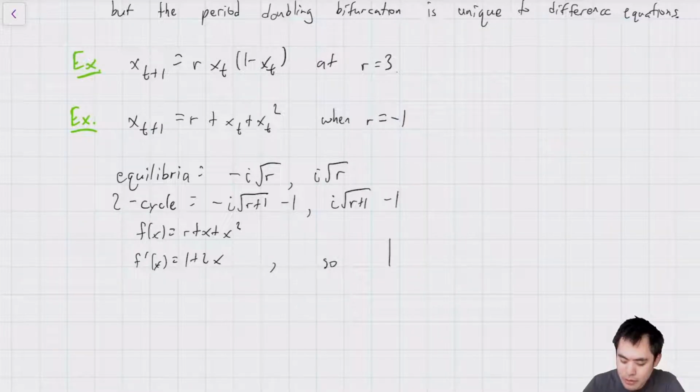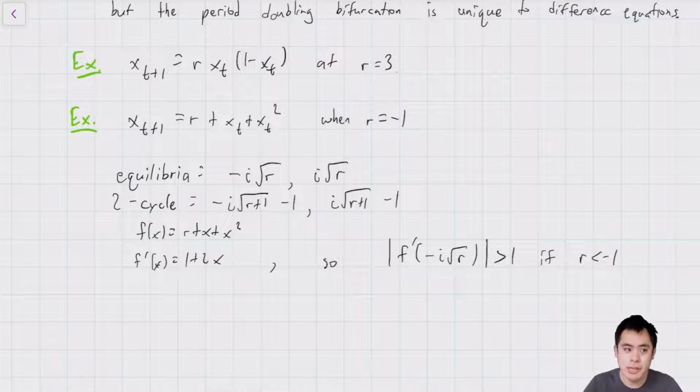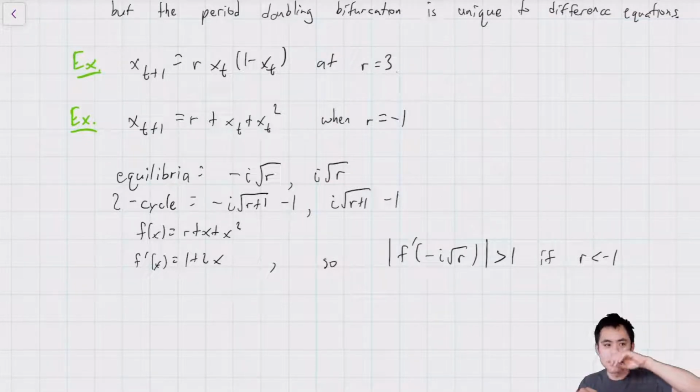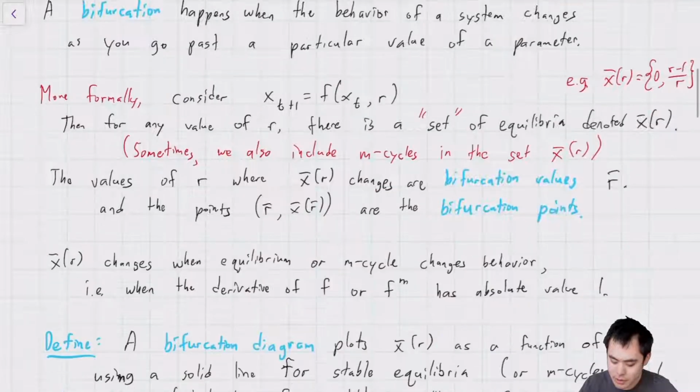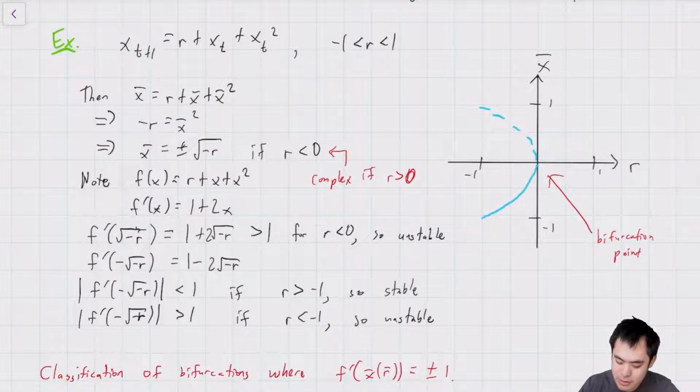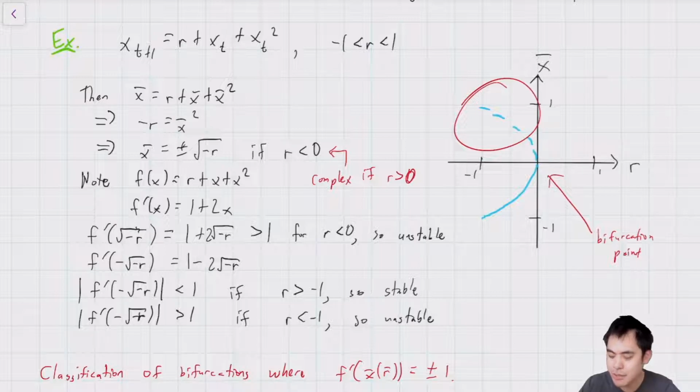So we have that f prime of minus i times the square root of r is greater than 1 in absolute value if r is less than minus 1. We already did that. That is this unstable equilibrium, so we're not going to worry about that so much right now.